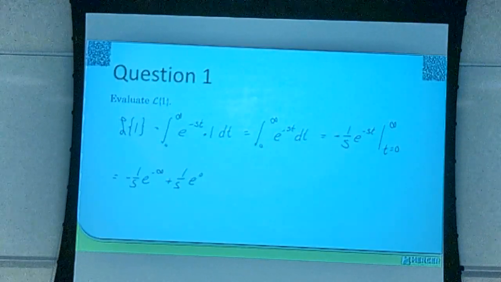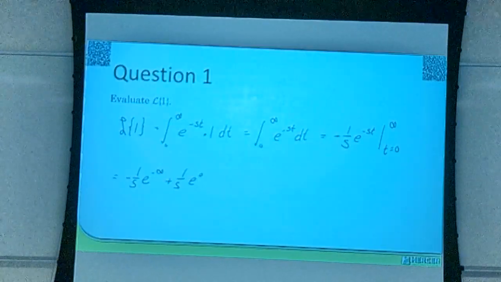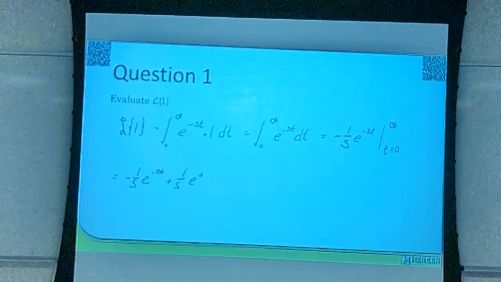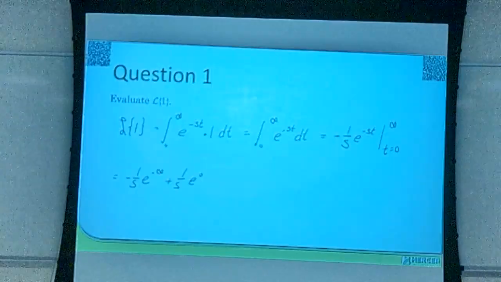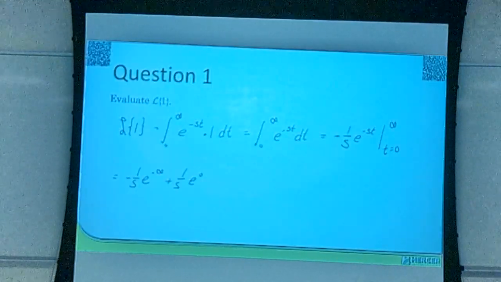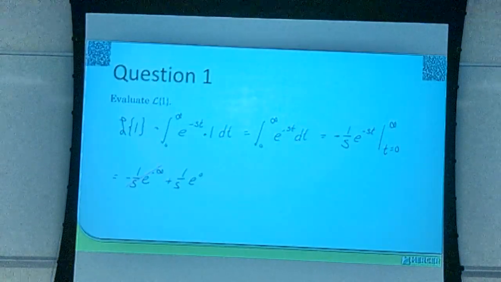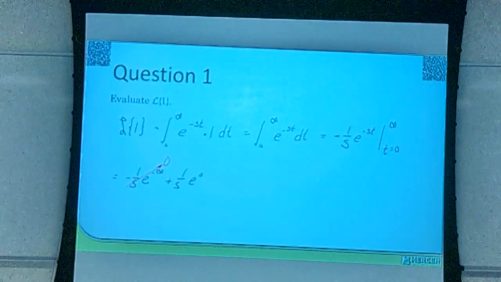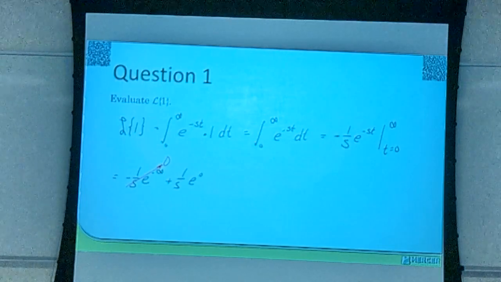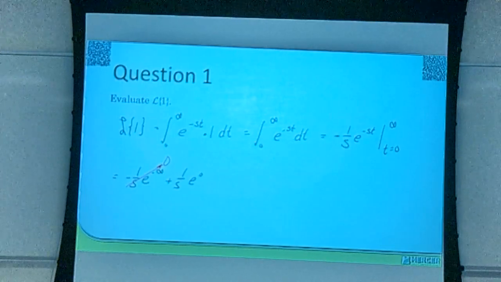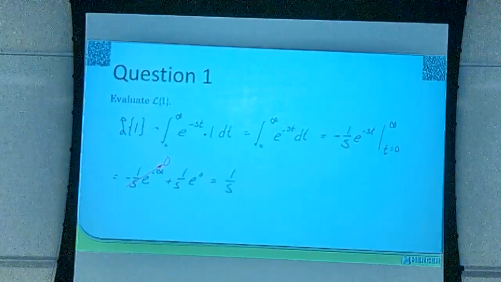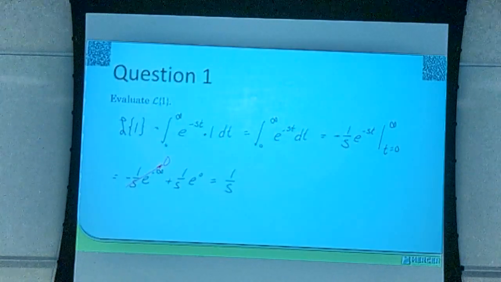So that would be the limit as x approaches infinity of e to the negative x. Zero. It's 0. There's your Laplace transform of 1: 1 over s.